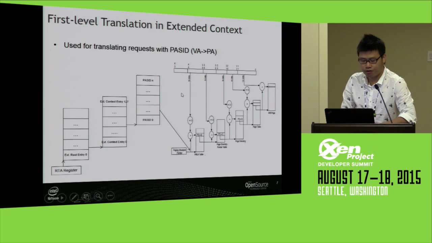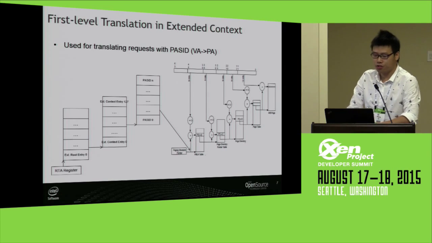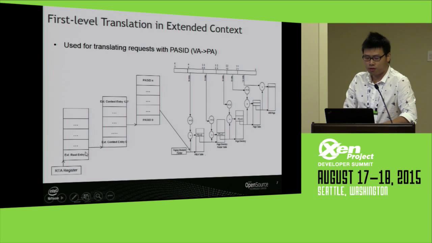From this figure, you can see when such a DMA request with PASID is issued, we go through the extended root table, then the extended context table. Then we will find an entry in the PASID table. Then we will find the associated first level page table, and we will do the address translation in this first level page table. And after that, we will get the physical address.